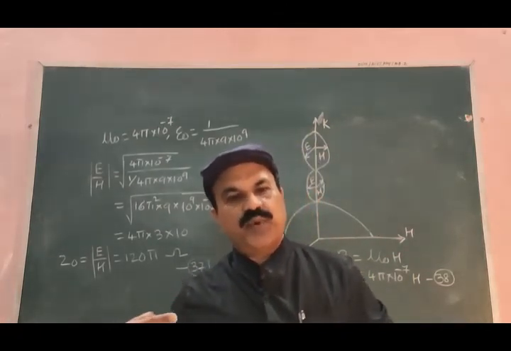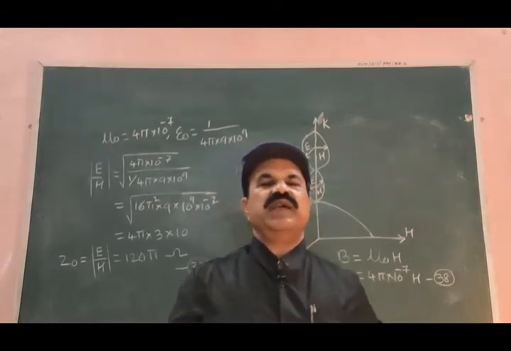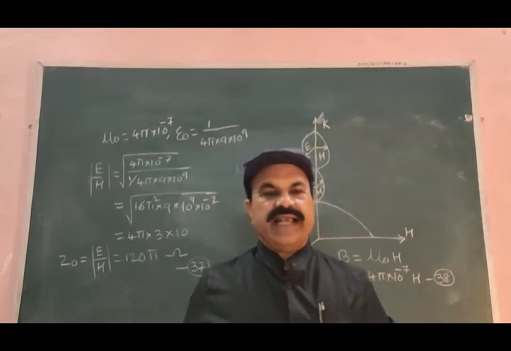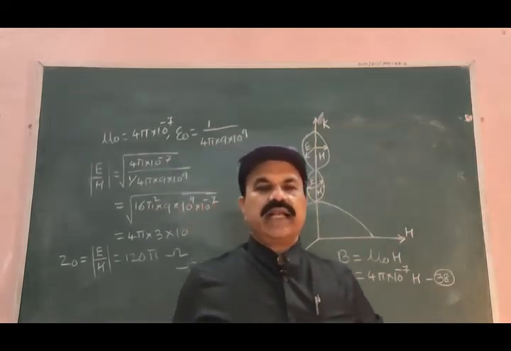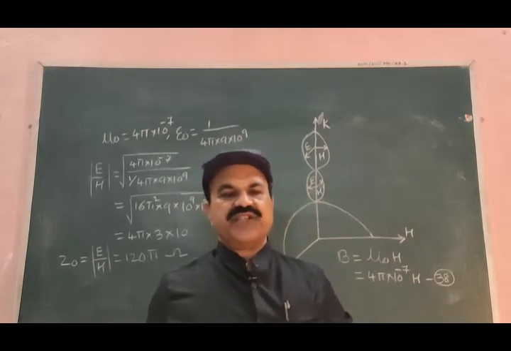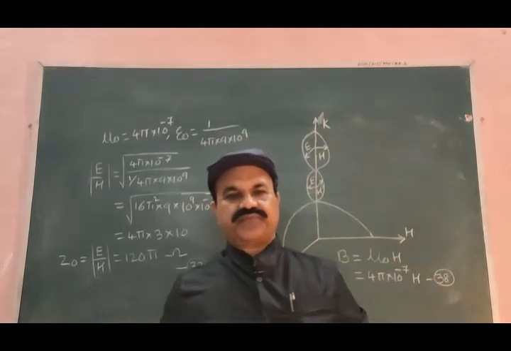K is the wave propagation vector, the vector along the direction of propagation of the electromagnetic energy. Therefore, from these two equations, we conclude that electrical component E and magnetic component H both are perpendicular to the direction of propagation of the wave.